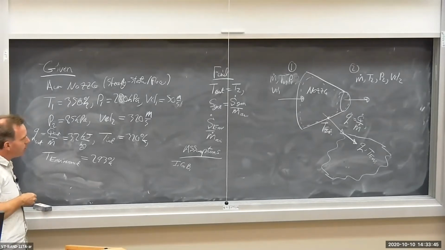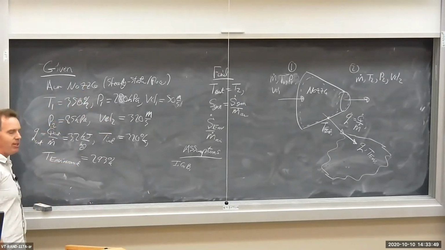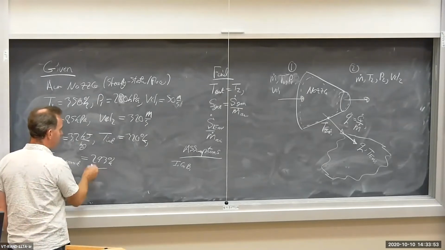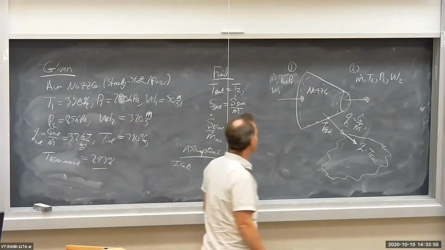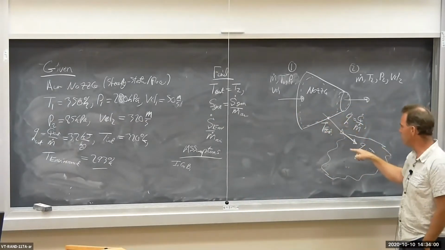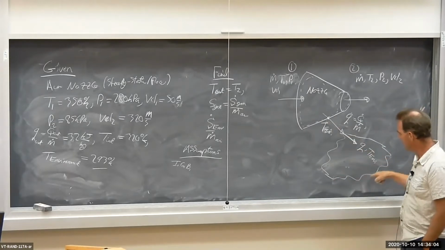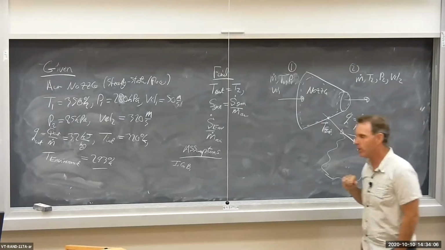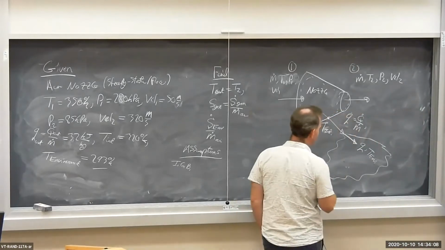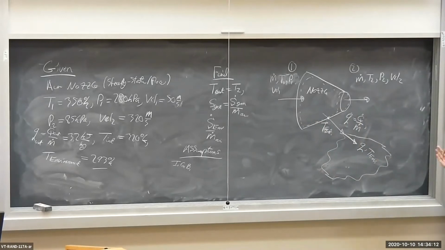And the environment which surrounds the nozzle, everything outside of the nozzle, is taken to be at 293 degrees Kelvin. So this heat is being transferred from the hot nozzle to the cool environment. We'll talk about the environment in a minute, but let's focus on the nozzle.